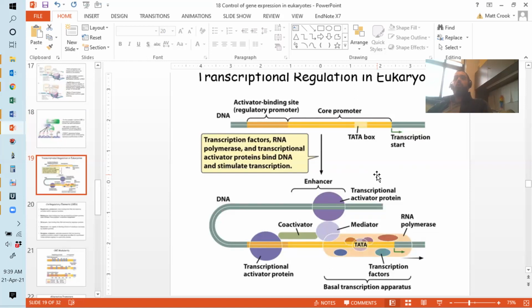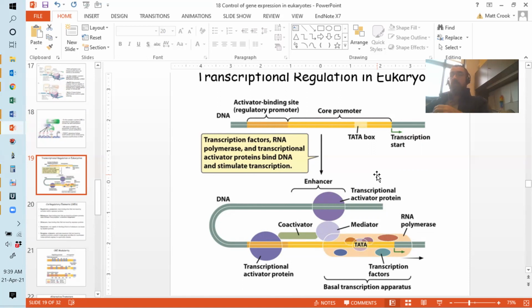That's the core promoter. If nothing else is present, just the TATA box and binding sites for potentially the odd transcriptional activator protein, that will lead to what's called a basal level of transcription.